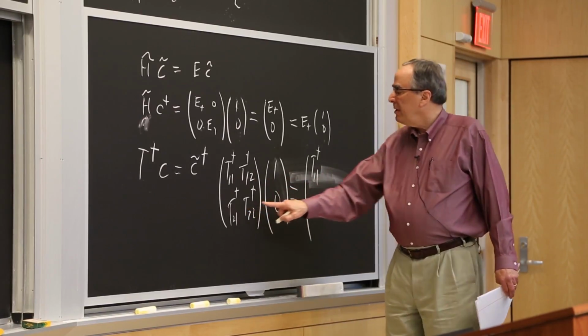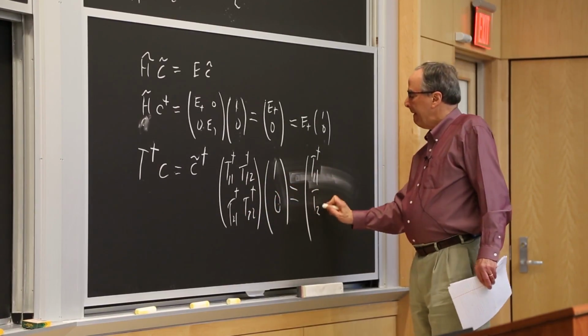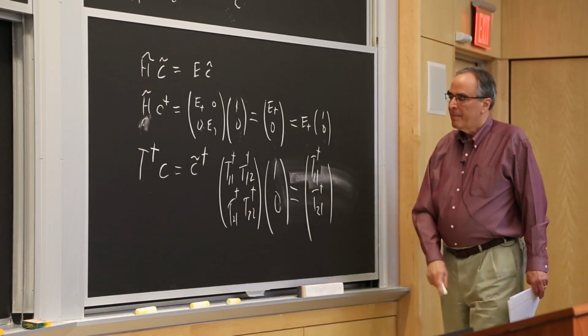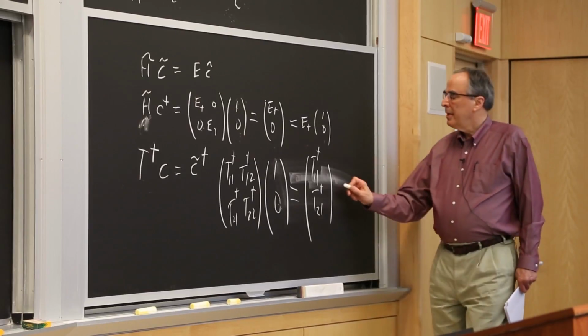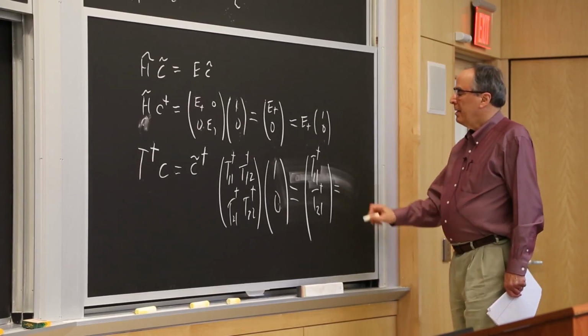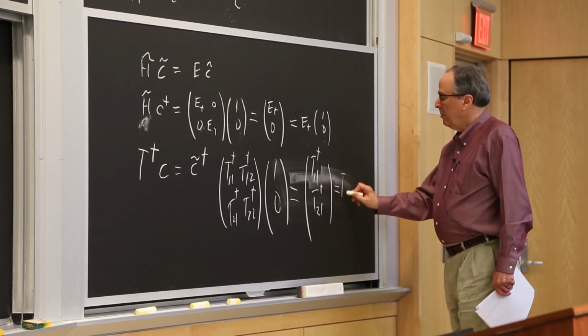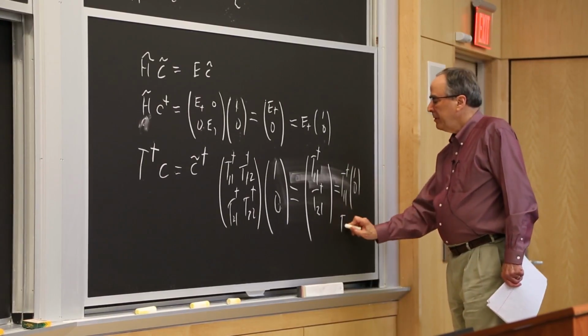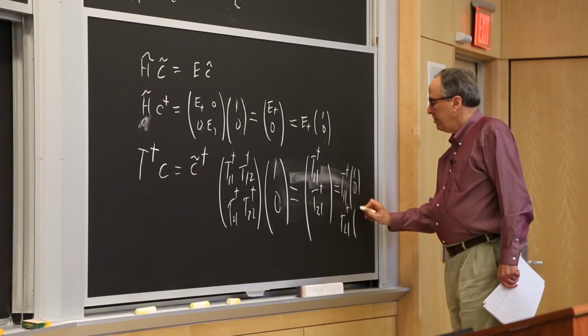And then T 2, 1 plus T 2, 2 times 0. Okay, and that's simply T 1, 1 dagger times 1, 0 plus T 2, 1 dagger times 0, 1.